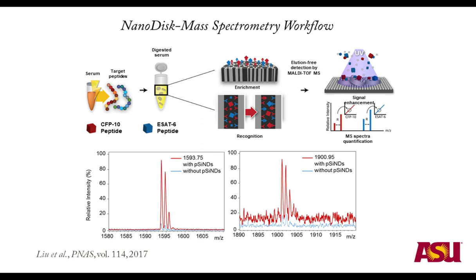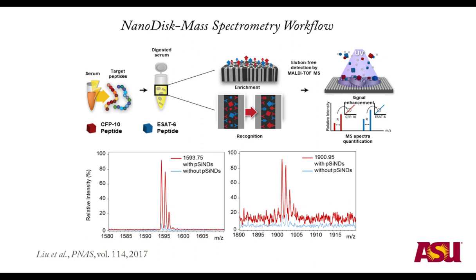NanoDisk is made of nanoporous silicon nanoparticles. Why do we want to use the nanoporous structure? Because it has an enlarged surface area, which can efficiently enrich the target peptide, as shown in this figure.